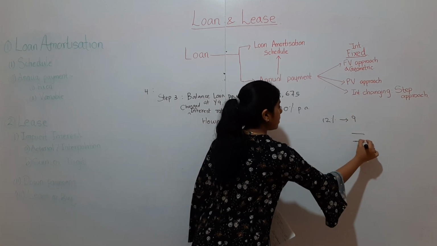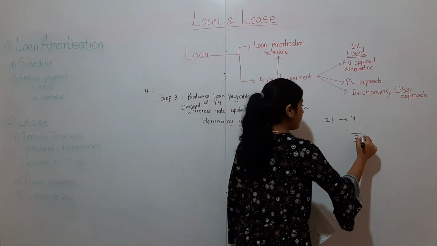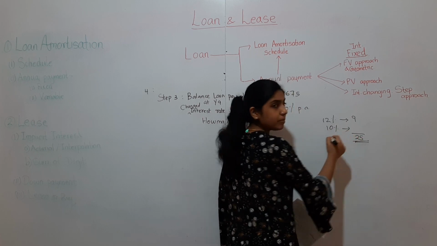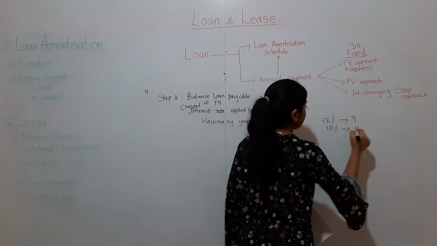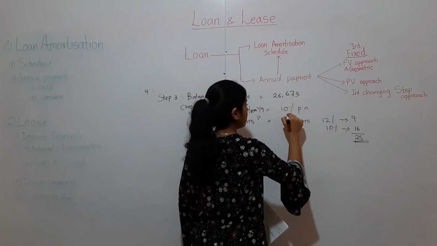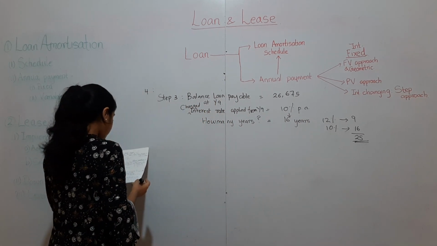The total number of years to settle the loan is 25 years. So 10% will be applicable for the balance years, which is 25 minus 9, 16. For 16 years this 10% interest will be applicable.